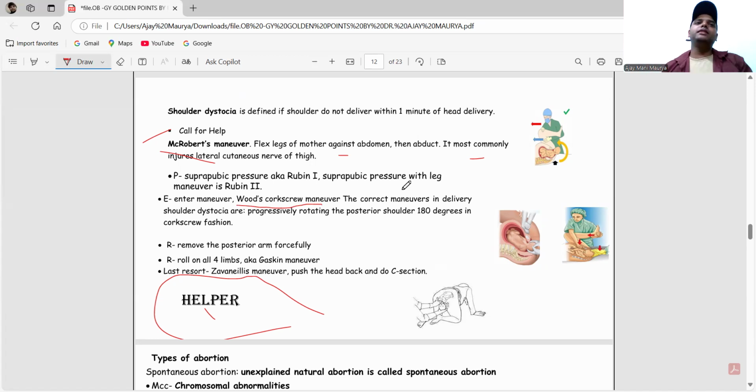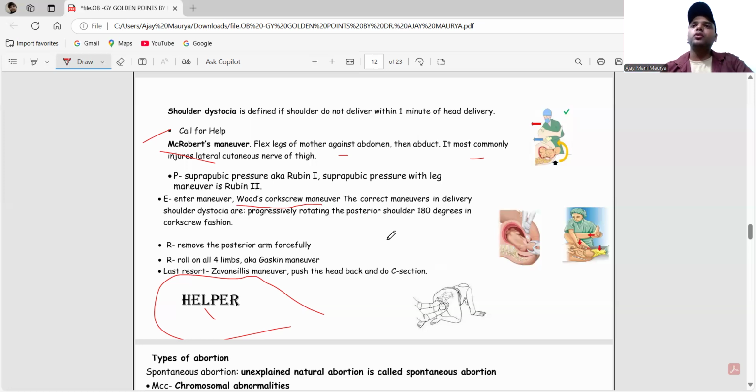The correct maneuver in delivering shoulder dystocia is progressively rotating the posterior shoulder by 180 degrees in a corkscrew fashion.